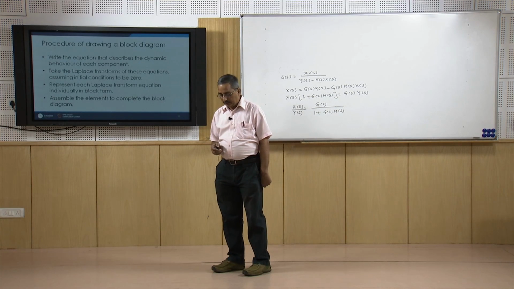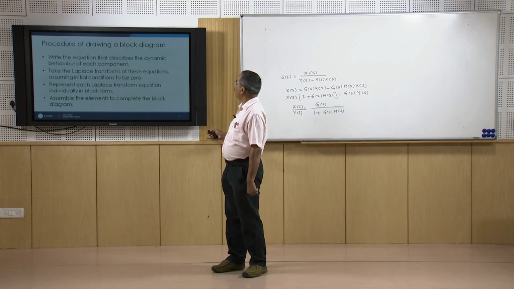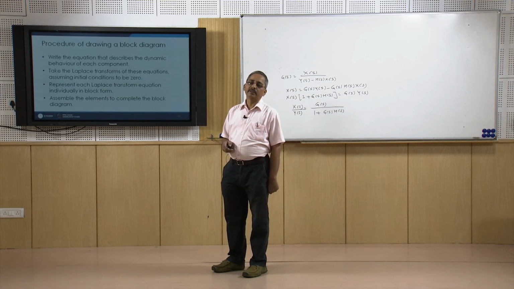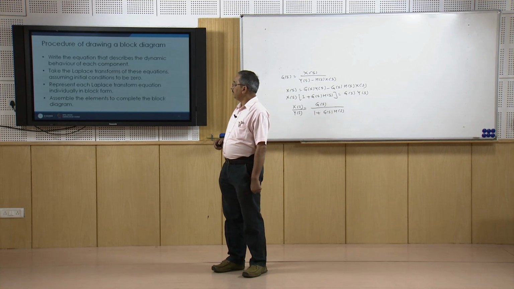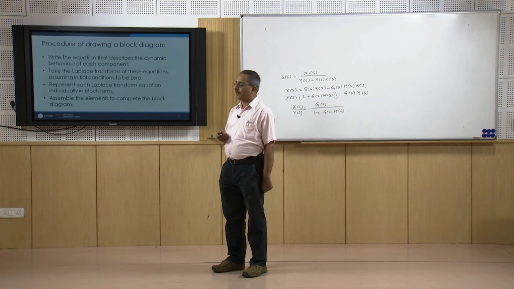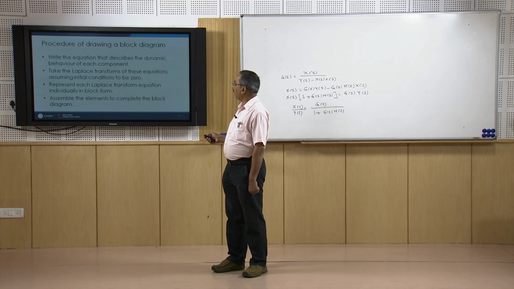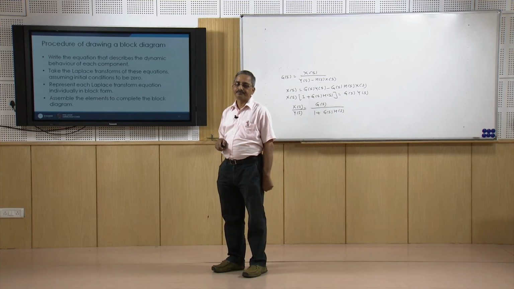Now, the question is what should be the procedure to draw the block diagram? How can we draw the block diagram for any physical system? To do that, here are some guidelines. We can write the equation that describes the dynamic behavior of each component.